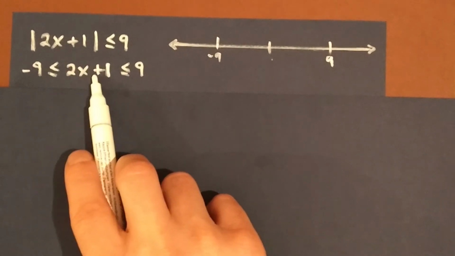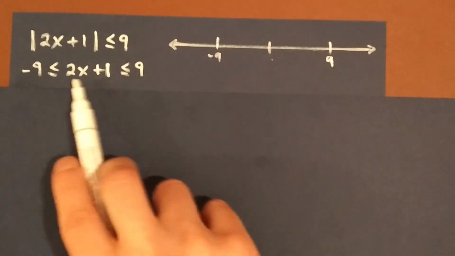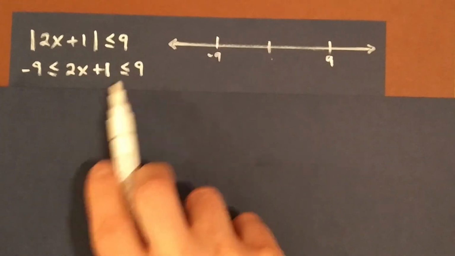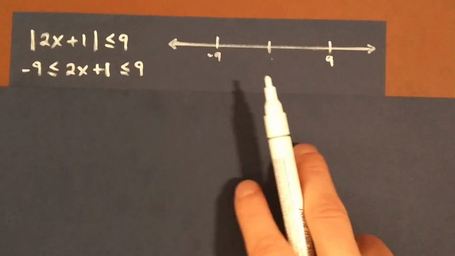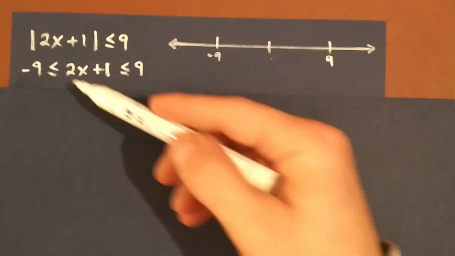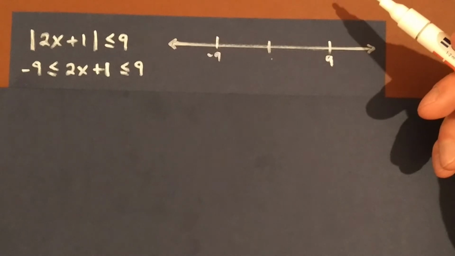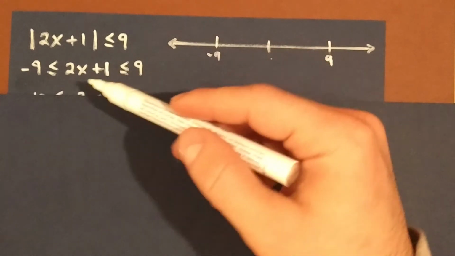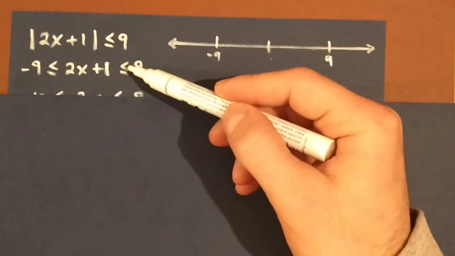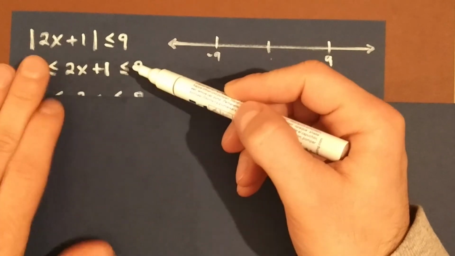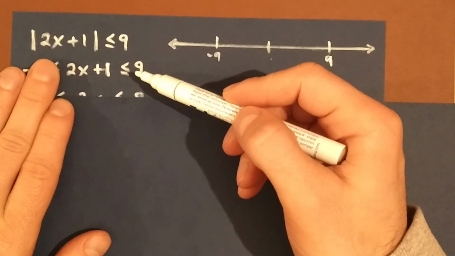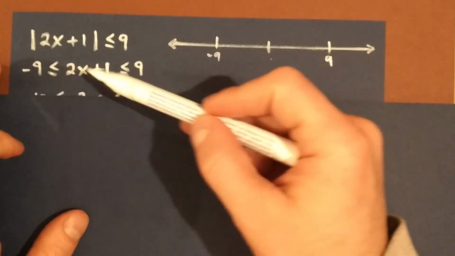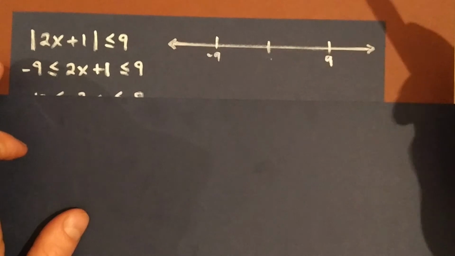We can say this expression is less than or equal to 9, but it's also got to be greater than or equal to negative 9. It's got to be in between. And we can actually write it, rather than write two separate inequalities, we can write, in this case, one combined inequality. And we can solve it like we would normally solve an inequality. We would first subtract 1. And if it was a simple, single inequality, we would subtract 1 from both sides. And in this case, we can just subtract 1 from all three sides, or all three parts.